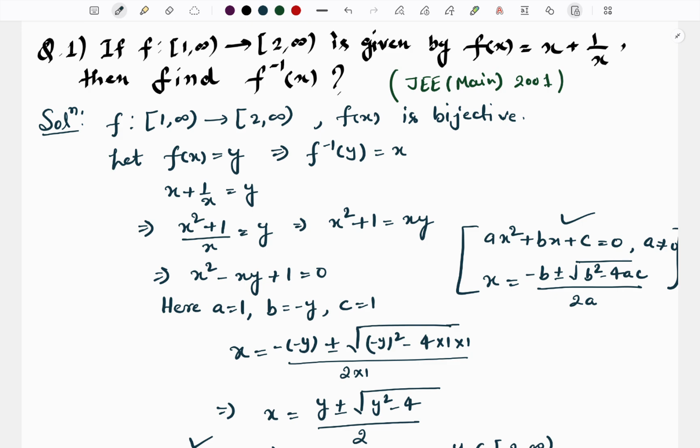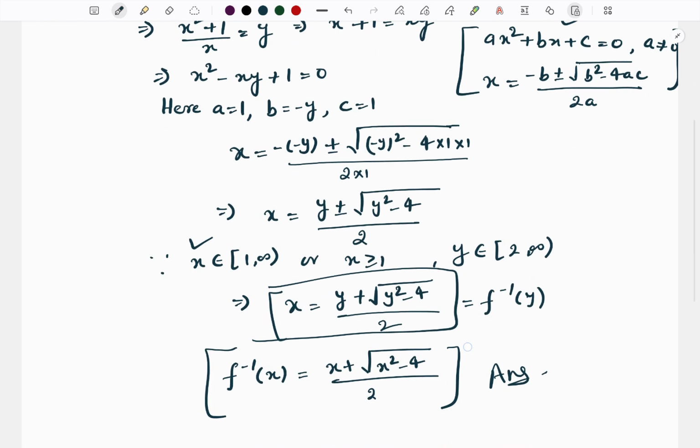But you should be clear about where we are taking x from and where we are taking y from. Okay, so this is your solution. It means the inverse of the function f(x). What was the function? f(x) = x + 1/x. So for this function, the inverse is this.